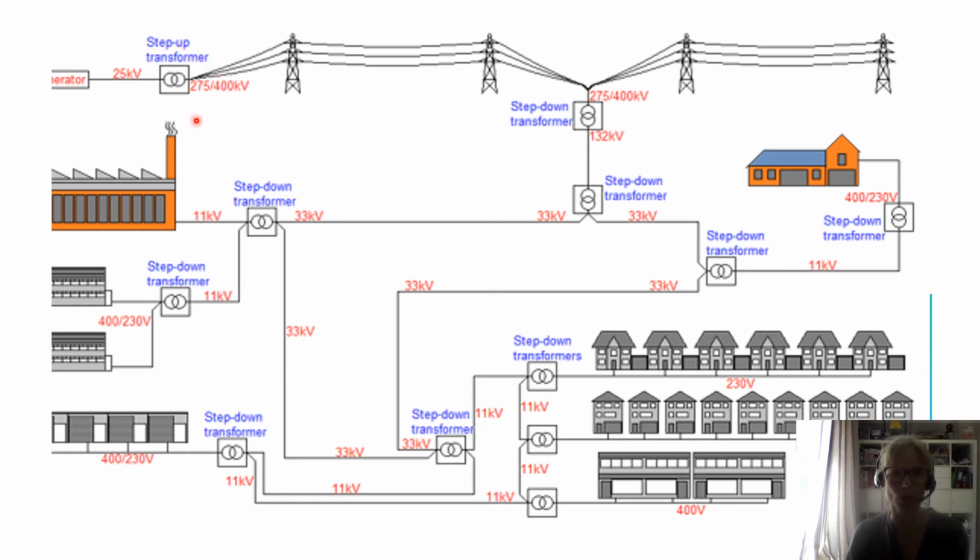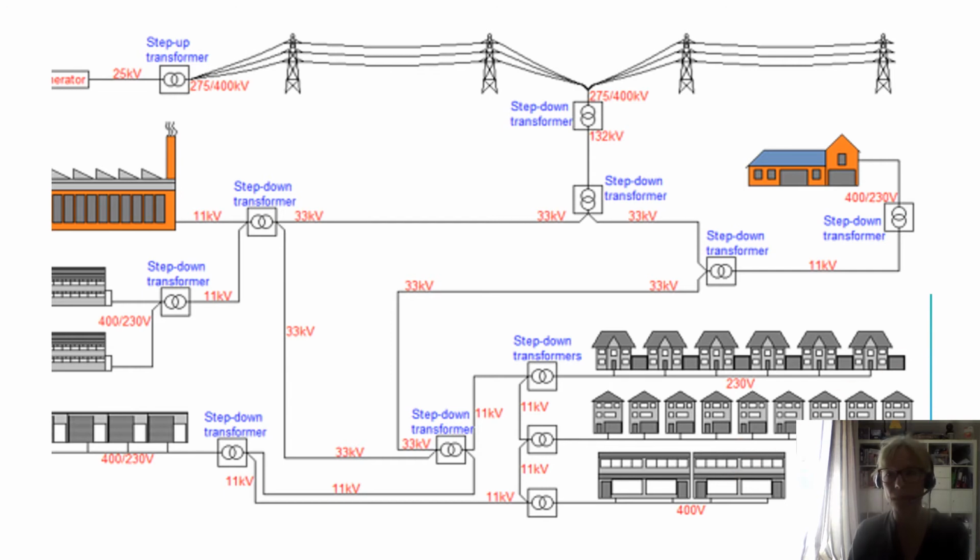Then you have your step-up transformer, and the electricity is then transmitted at generally 400 kilovolts. Then it's stepped down to safer voltages, which are then distributed to the domestic and industrial properties.